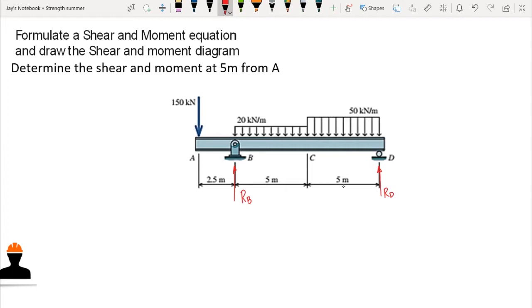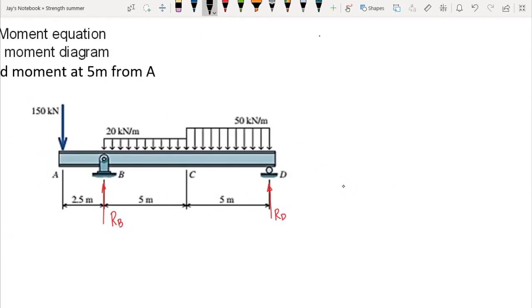So we can sum up moment from D. Let's try to find first the reaction at B. By summing up moment at point D, the summation of moment at D is equal to 0. A moment that is counterclockwise we assume as positive. So we have first our RB, and that is negative since the rotation of RB with respect to D is clockwise.